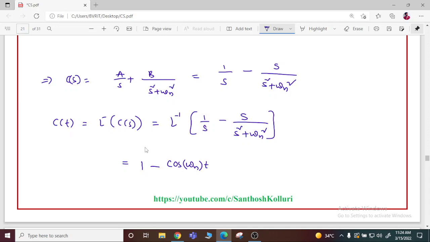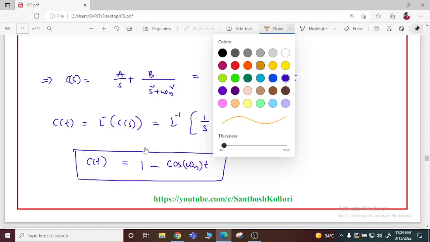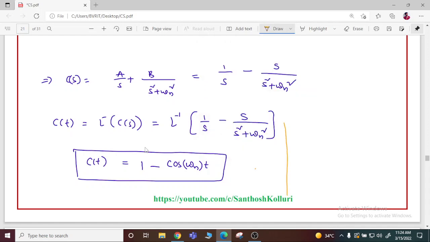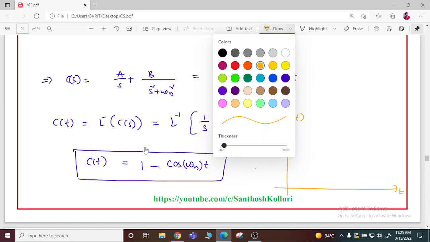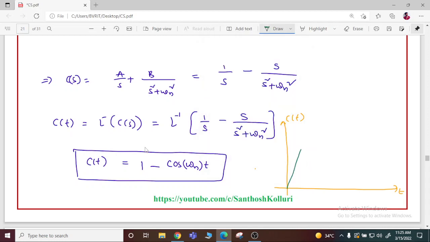So, this is the time response of undamped second order system for unit step response or unit step input. The waveform can be written, and we can draw this waveform as this is the time and this is the C of t. So, the waveform will be like this. This is a cos function like this.